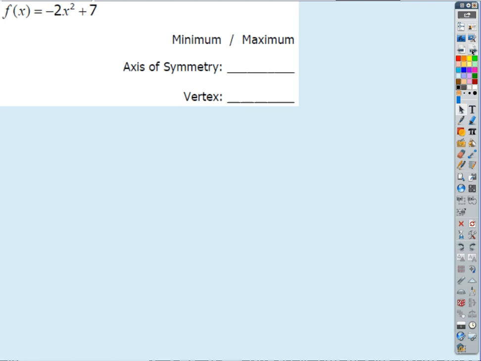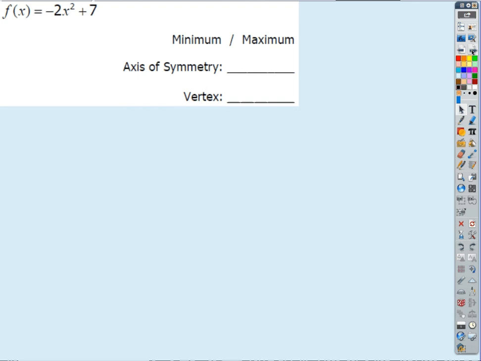It would give us a starting place. By the end of the day, you're going to be able to graph these things. But the first step is to identify the important parts of the parabola and put those on the graph. So what's the axis of symmetry and where's the vertex? You can already tell me, does this one have a minimum or a maximum? It can be a maximum. Good. How come?